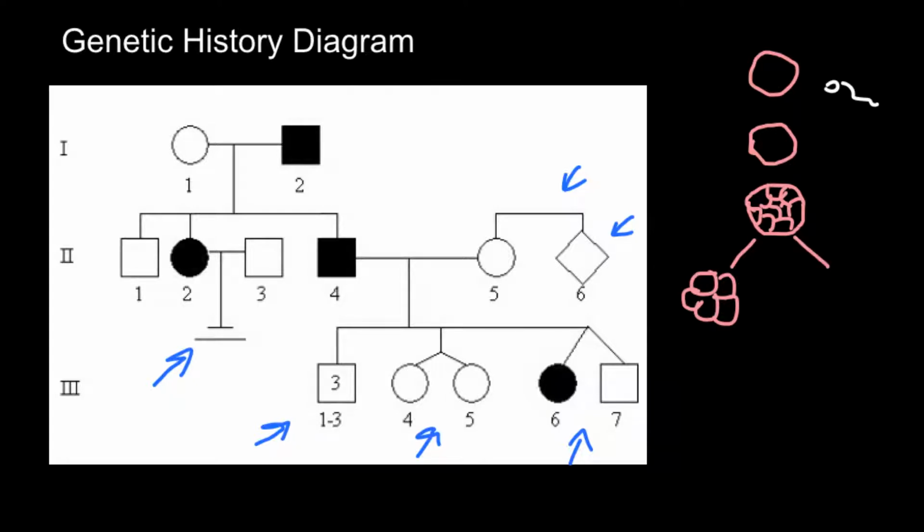Each would develop into a child, and every child here would be identical, would have the same genetic makeup, because these two children are a result of separation of this single clump of cells, and of course these two children would be of the same sex.